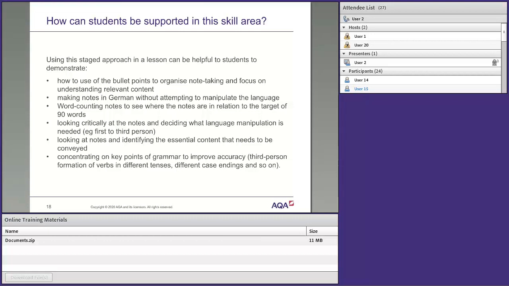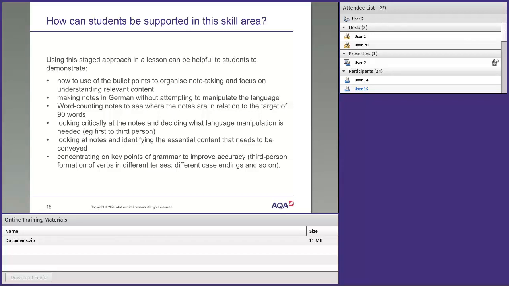Then, very importantly, word counting their notes to see where the notes are in relation to the target of 90 words. And then looking critically at their notes, particularly if they're near the 90, decide what language manipulation is needed, the first to the third person as we've seen in this particular task, and making sure that they identify the essential content that needs to be conveyed.